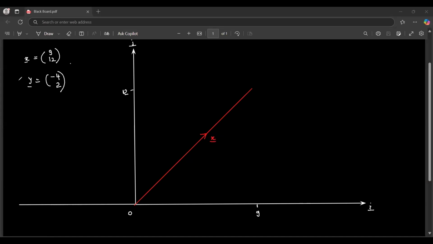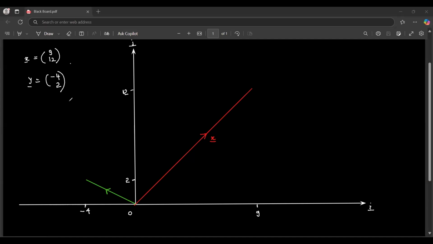And let's see what is y. So y is minus 4 comma 2. So it's somewhere here. Minus 4 should be somewhere here. And 2, obviously, if this is 12, you can say this is 2. And we can draw that. Okay, let's keep it green and this will be white.